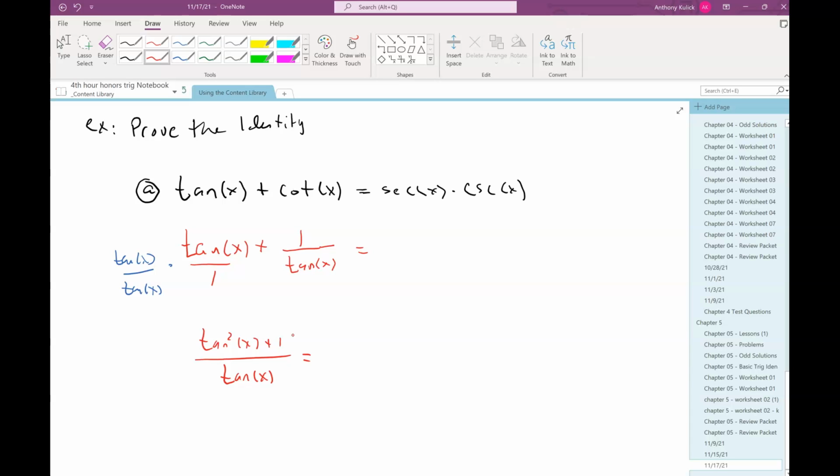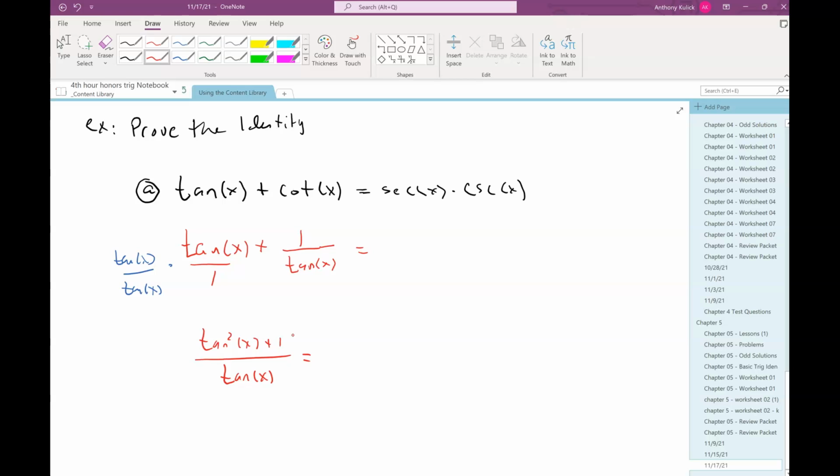So we're here. Does anything jump out to you here? Something absolutely should. When you see things squared and plus ones, what should we be thinking? One of the Pythagorean identities, right?